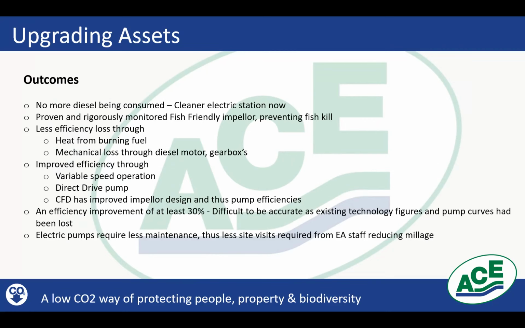It's very difficult to be super accurate because we don't have all of the existing technology figures and pump heads from the past. A lot of them have been lost, but we expect an improvement of at least 30% from an efficiency perspective, probably somewhat more.